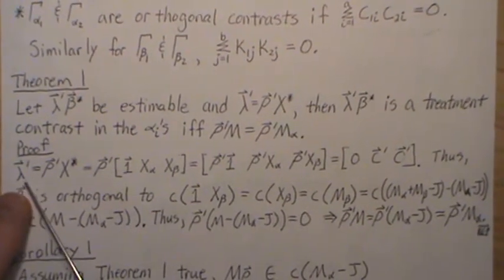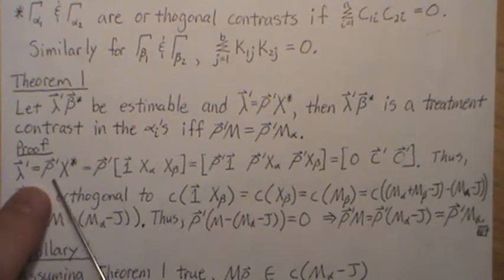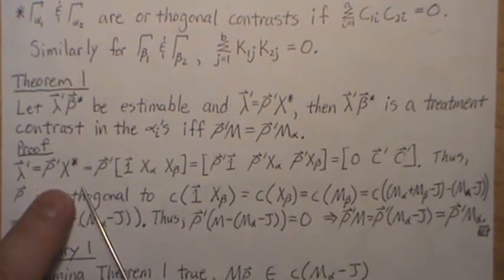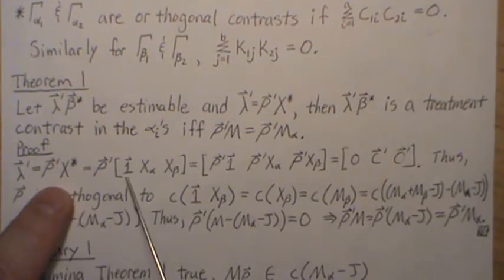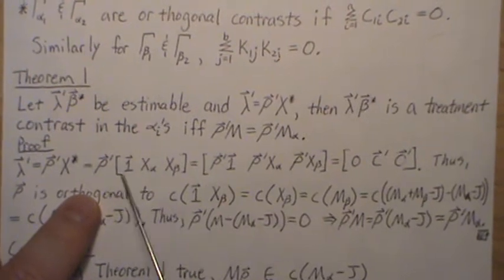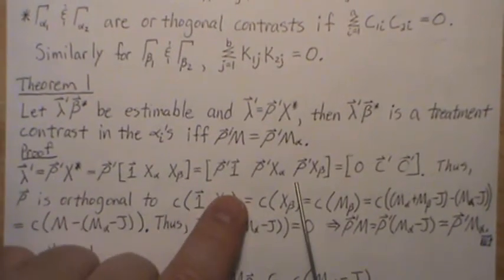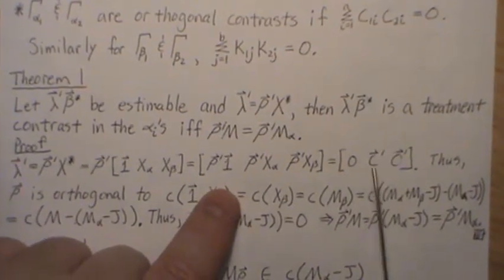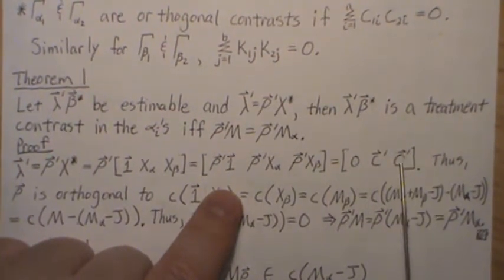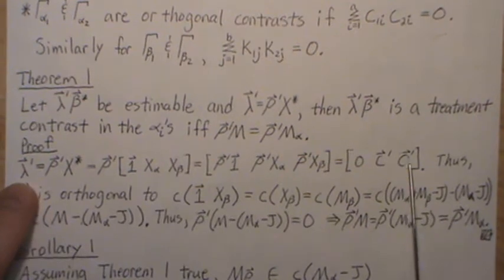So since it's estimable, lambda is equal to rho transpose X star for some rho, meaning it's part of the row space. But if we expand our design matrix into 1, X alpha, and X beta, then we can take that row into each of those. But since it's a treatment contrast, this is 0, and it's 0 when we pick up the beta parameters.